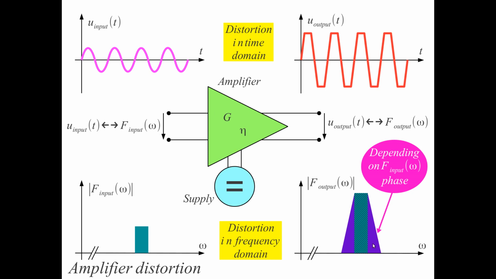Is this going to be disturbing or not? Can we tolerate this in our signals or not? Can this spectrum grow here? And also distortions inside the useful bandwidth of the spectrum. In order to quantify these things, this problem is a little bit too complex. We are talking about the spectrum phase here, so there are many different possible spectra that can be generated.